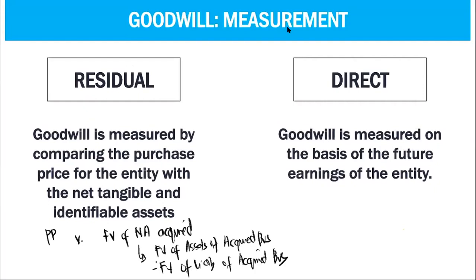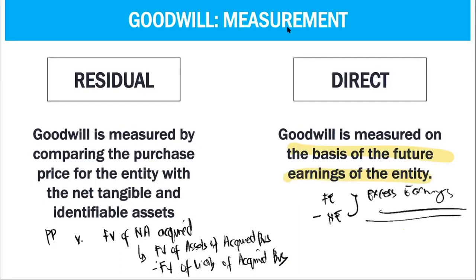And if it is direct, goodwill is measured on the basis of the future earnings of the entity. So when we talk future earnings, we get the future earnings less the normal earnings. We call this one your excess earnings. So a while back, we already discussed what is excess earnings.